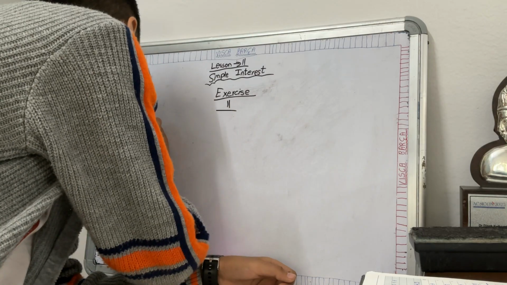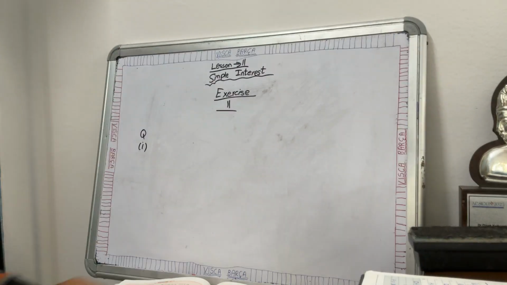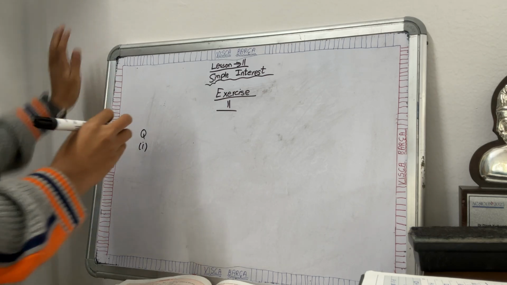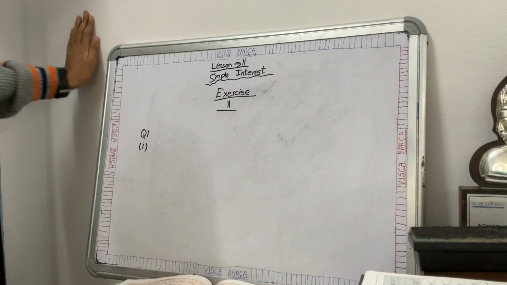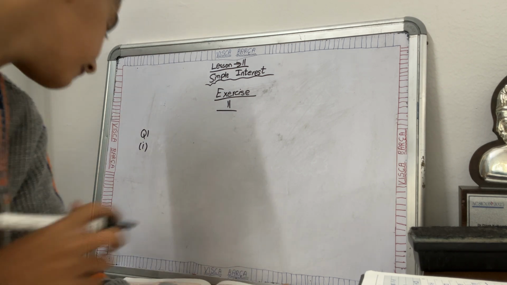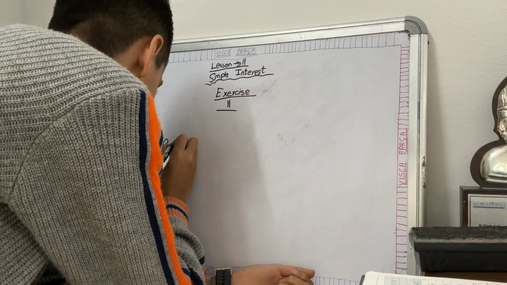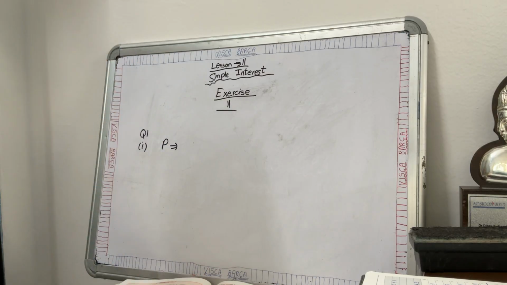Question number 1 is rupees 150 for 4 years at 5% per year. Now, in this question we have to find simple interest and amount.